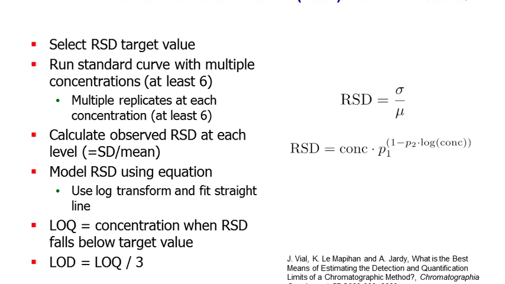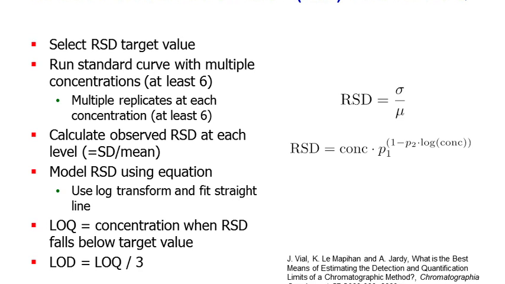You say 20% is the minimum precision that I want. So anything below 20%, I'm fine. Then what you do is you run your standard curve with multiple concentrations. The paper, which is referenced here, recommends at least 6. So if you have around 5 or so, it's okay. If you have just 2, I think this method is not going to work. But if you have more than 6, it's fine.